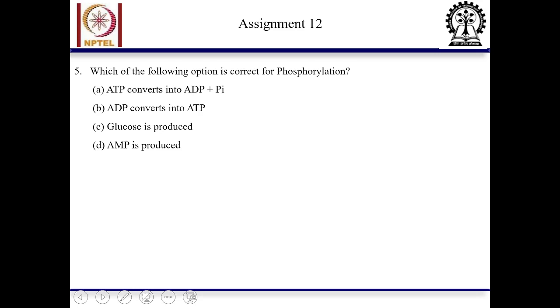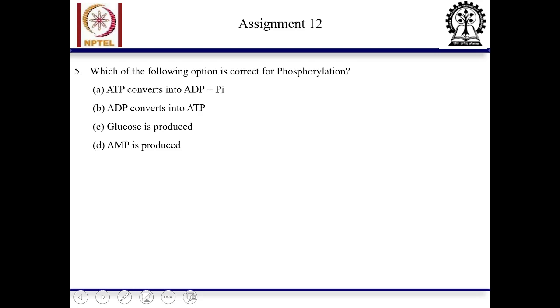What is the answer for question number 5? Sunil is saying ATP converted into ADP plus Pi. Okay. Any other opinion regarding this question?